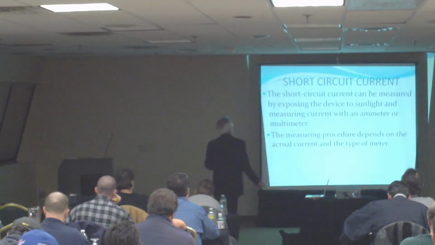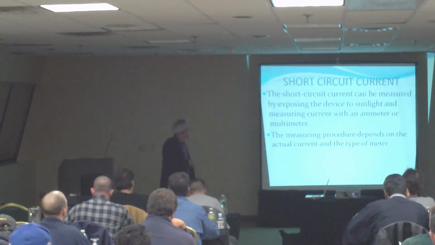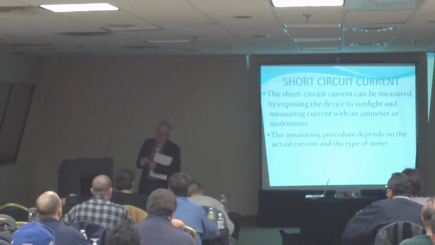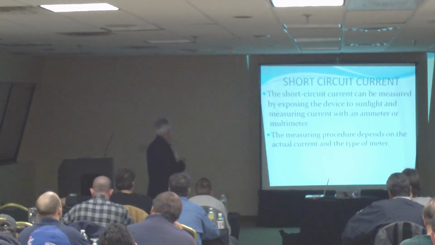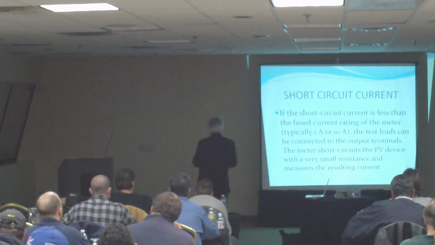How do you measure the short circuit current? You expose the device to the sunlight, and you stick an ammeter up there or the multimeter. Since the short circuit is what? The short circuit current becomes what? What's the power under short circuit condition?